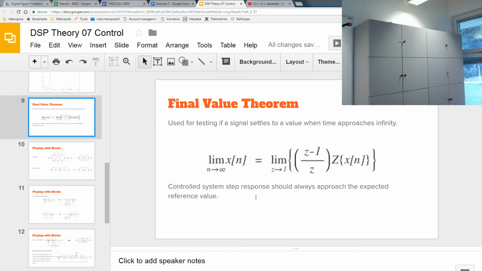Z goes to 1. So basically now our signal is the same as the system step response.